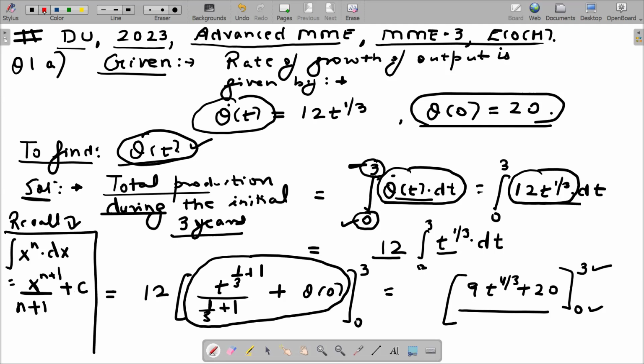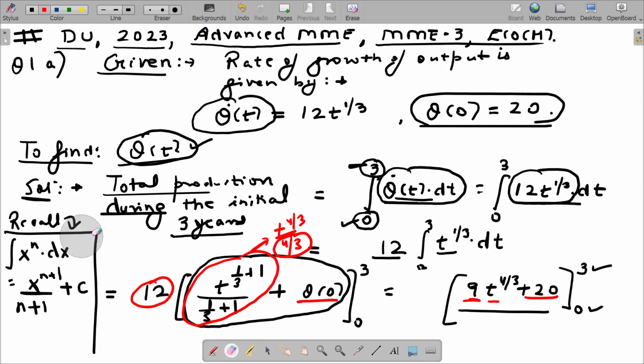So this expression comes out as t to the power 4/3 over 4/3. This 4/3 cancels with 12, making it 9, just as we had done a few minutes back, times 9 t to the power 4/3 plus q of 0, which is 20. I run this from 0 to 3.